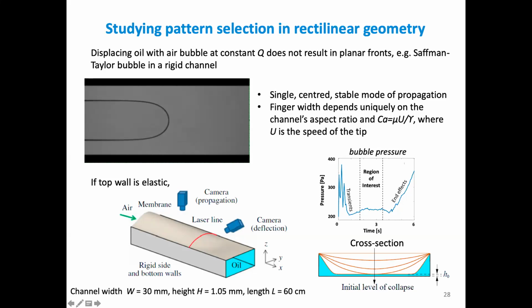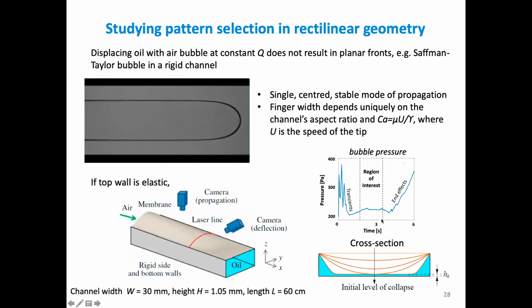Now, we then went and designed an elastic-walled Hele-Shaw channel, in which we took this classical Hele-Shaw channel, but replaced the top wall with an elastic sheet that was pre-tensioned and clamped in place. And then we tried displacing the liquid inside that cell with some air, and indeed we were able to obtain steadily propagating interfaces.